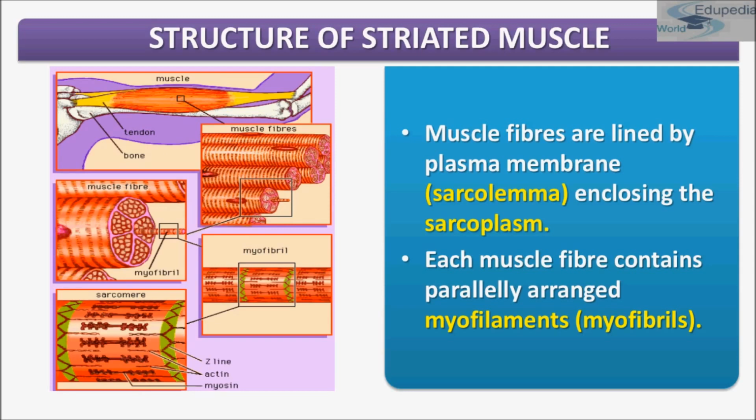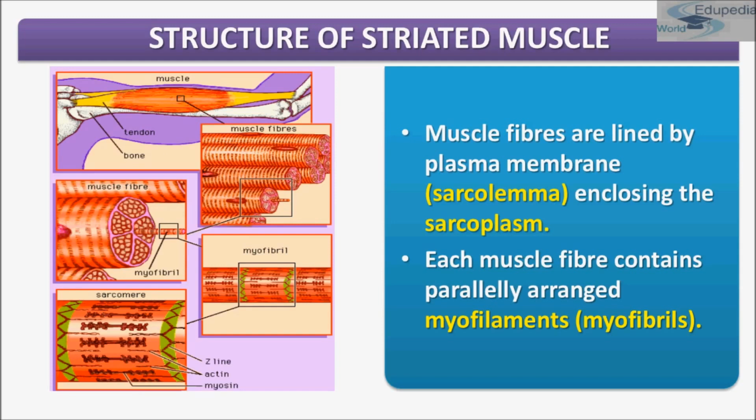Please note that the contraction of a muscle fiber is triggered by an action potential that conducts over the plasma membrane of the muscle fiber. The action potential conducts from the surface of the muscle fiber into the interior via transverse tubules. These long tubules are continuous with the plasma membrane.